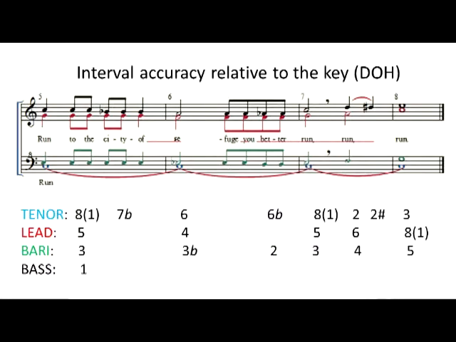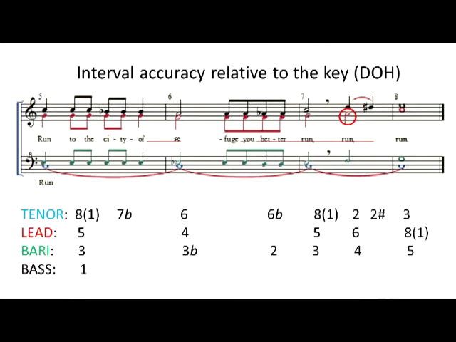All right, so this half, leads, I want you to sing your line just the way you would with piano tuning, okay? Run to the city of refuge and run. Good. I want you to take 6. When you get to 6, I just want you to really think of it in a higher place.